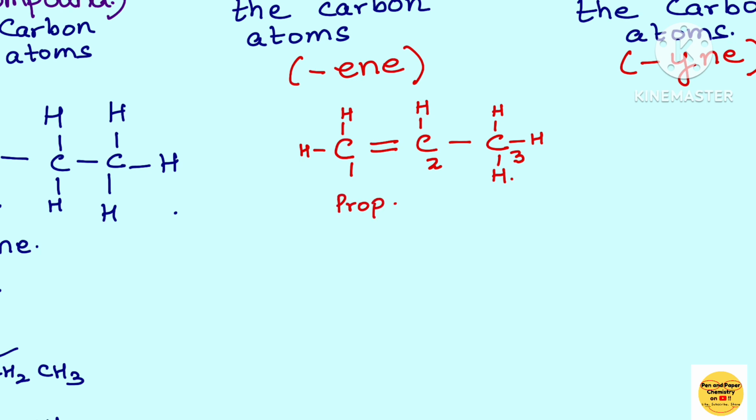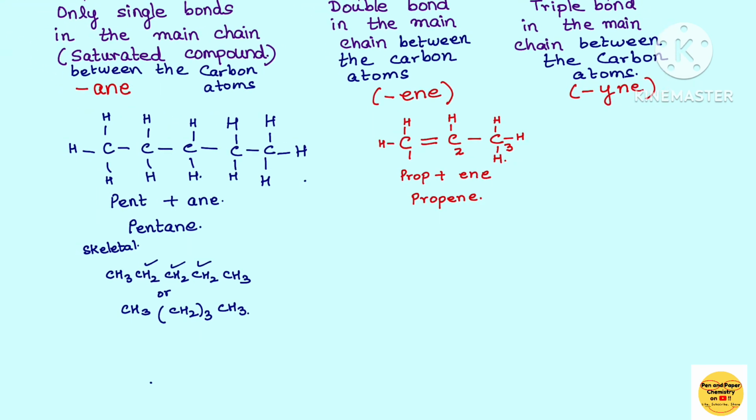And then what do I add to it? What will be my primary suffix over here? It's got a double bond. So ene. Propene. So yes, propene for now. We will also add something to this later on. So for now, just understand that this is propene.